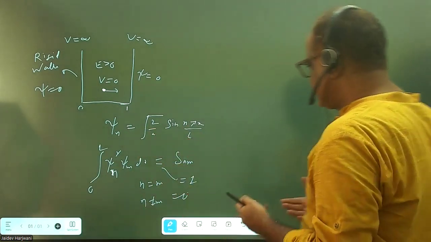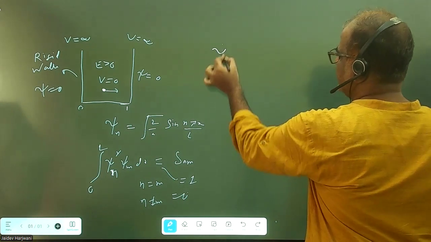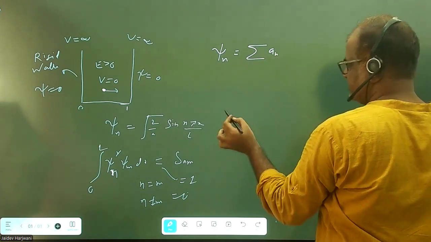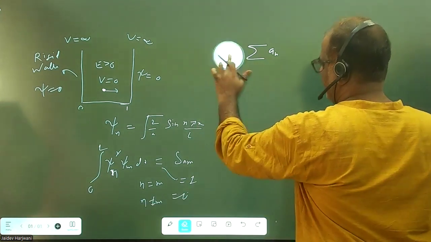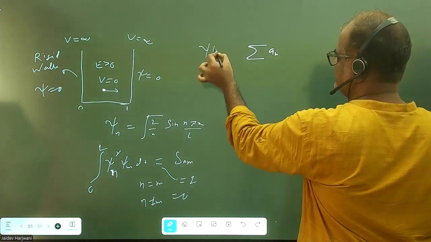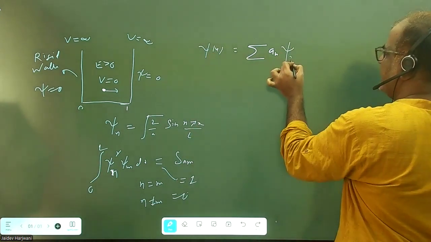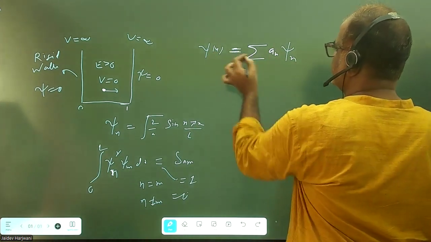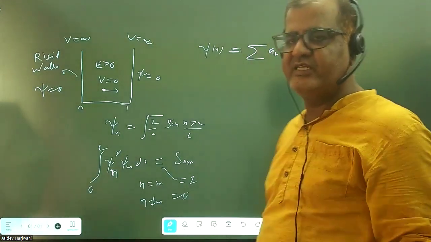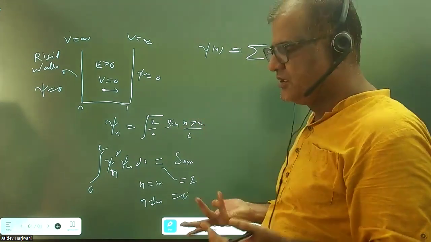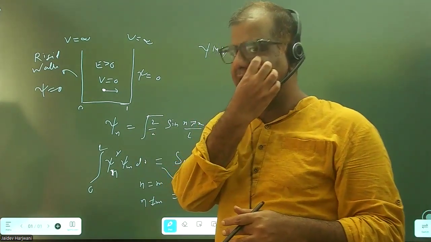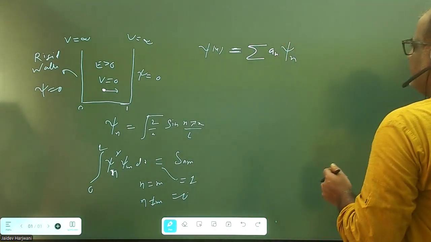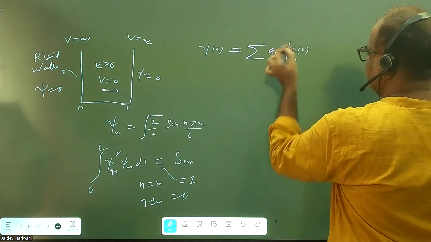We can now express any function psi of x as a summation, a superposition, of these functions. This is called spectral decomposition, or a Fourier series, because it's a sine function. We know any function can be represented in terms of sine and cosine in a Fourier series.